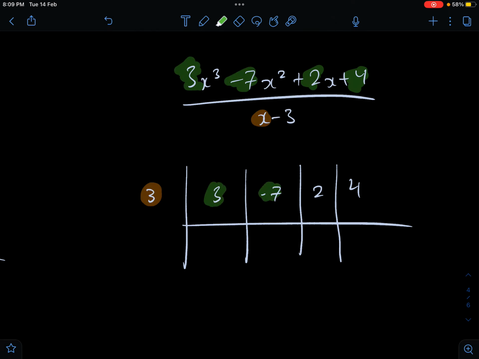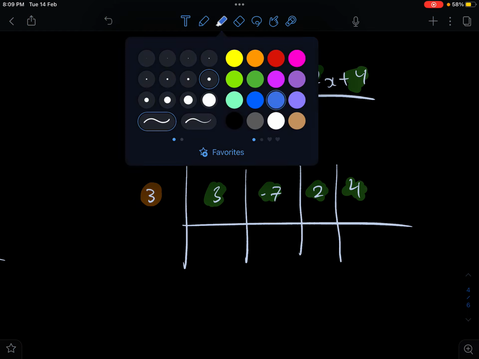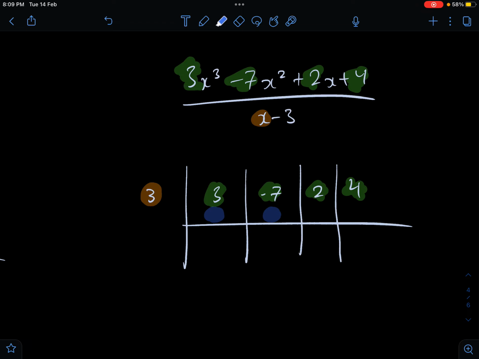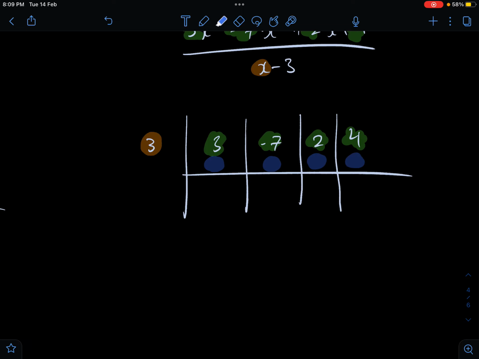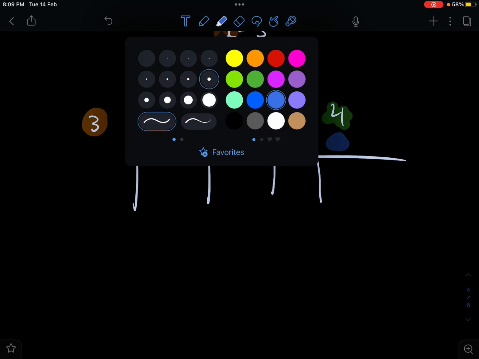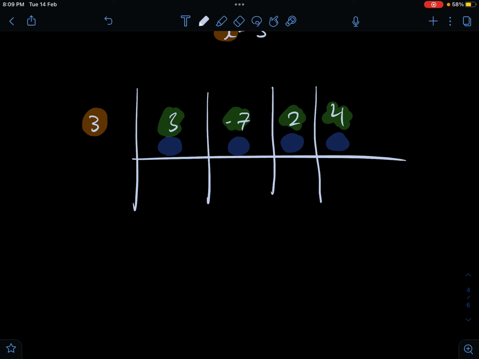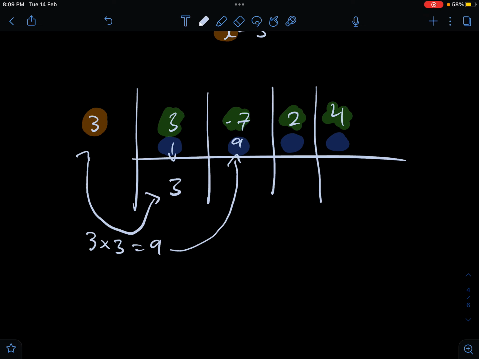I'm really trying to bring out the color matches so you can see where I'm putting everything, and then just give ourselves some blue patches here. Right. Now this first column is always just going to be dropping down the number because you've got a 0 there technically, right? So you just drop down the number here, 3, then you go 3 times 3, and you take this number and put it in there, 9.